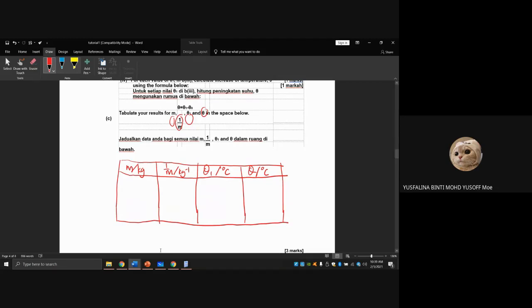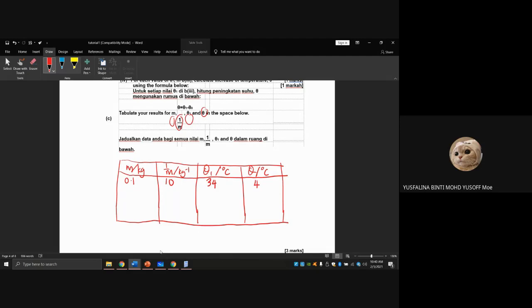Let me give you one example. M, the first one, is 0.1, and then 1 over M is 10. Theta 1 is 34, and then theta is 4. Just put it like that, no need to put the unit anymore.